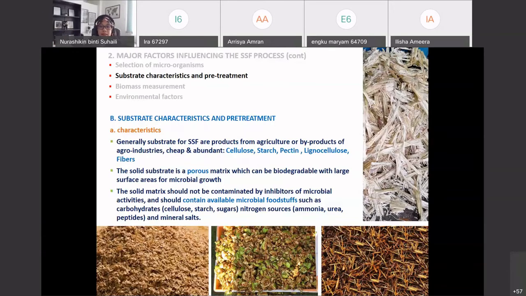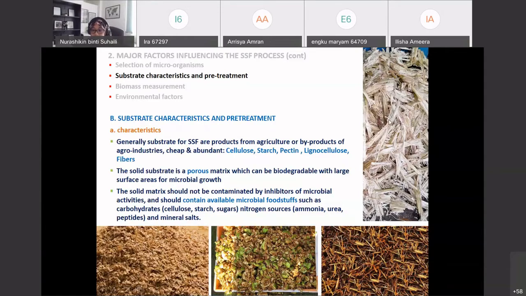But in other types of SSF research, people have moved towards using biomass around us, like the agricultural residues, the industrial residues or waste, right? So those are the things like shown in this picture. If you see this one, I think it is the bagasse from sugarcane, and this one I think from different sources.